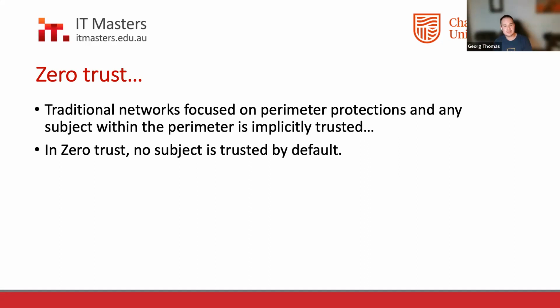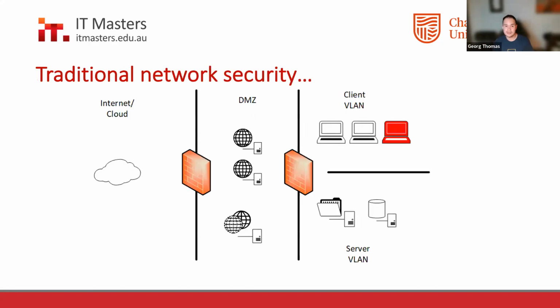So zero trust. Traditional networks are focused on those perimeter protections, as I mentioned before. And anything within the perimeter is implicitly trusted. If I look at this diagram here, and sorry, it's a bit of a crude diagram, on the left you've got the internet, the cloud, that very untrusted space. You've got a firewall, and the DMZ network zone sitting behind that firewall.